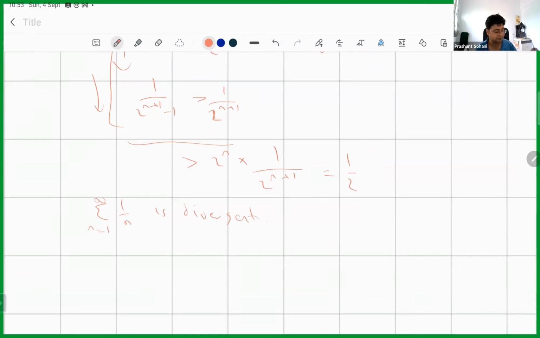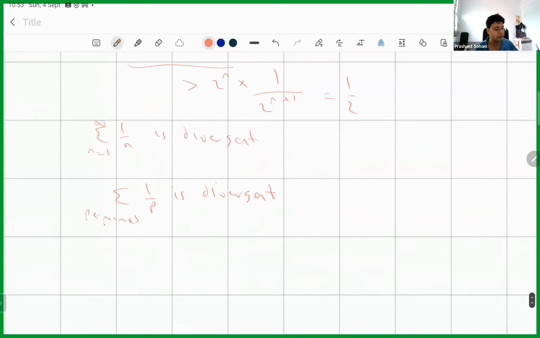Now this is the surprise. Sigma 1 by p is divergent, where p is all primes. In other words, if I keep adding primes, so 1 upon 2 plus 1 upon 3 plus 1 upon 5 plus 1 upon 7. Logically, we know that primes are going to be so rare. If you take larger and larger values, as Arnav said earlier, you can find very large sequences where there are no prime numbers.